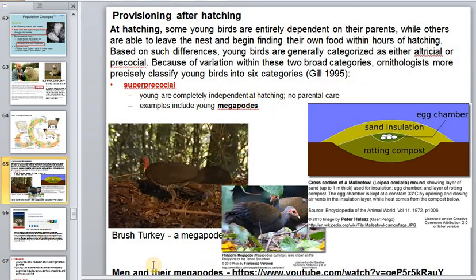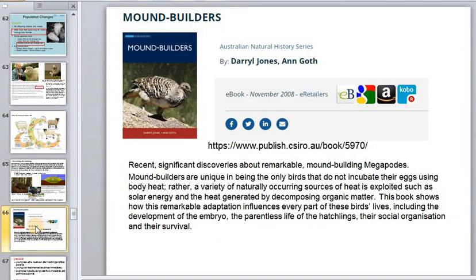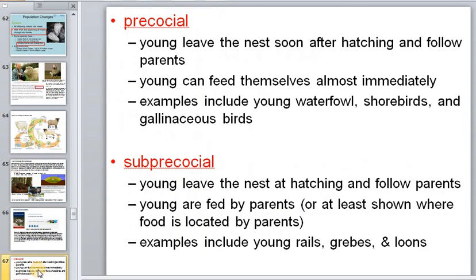If you want to know more, I leave the link on the video, or mound builders, it is a good book about all kinds of birds which incubate their eggs using body heat and organic matter.